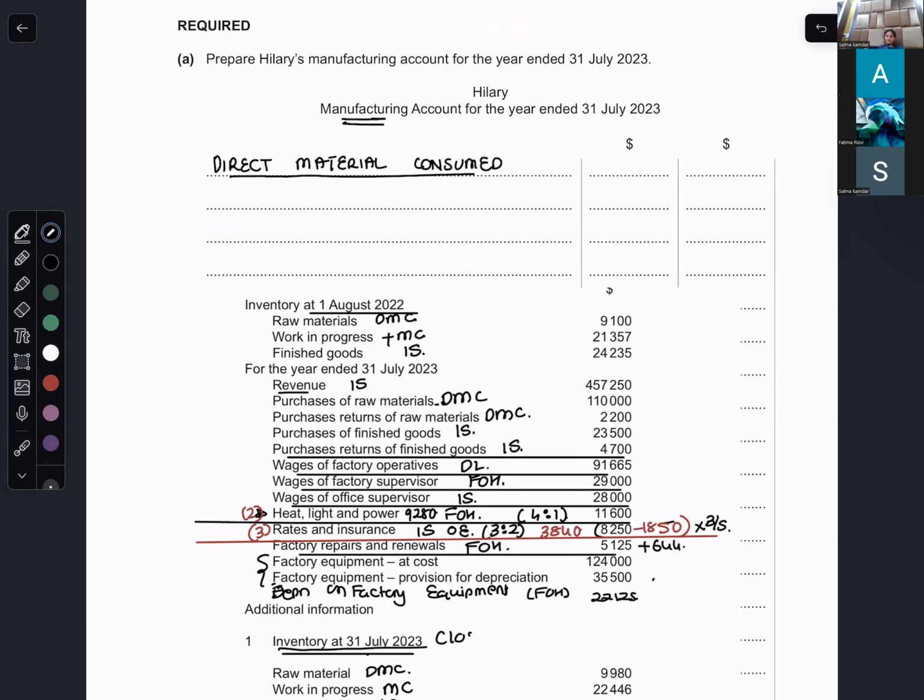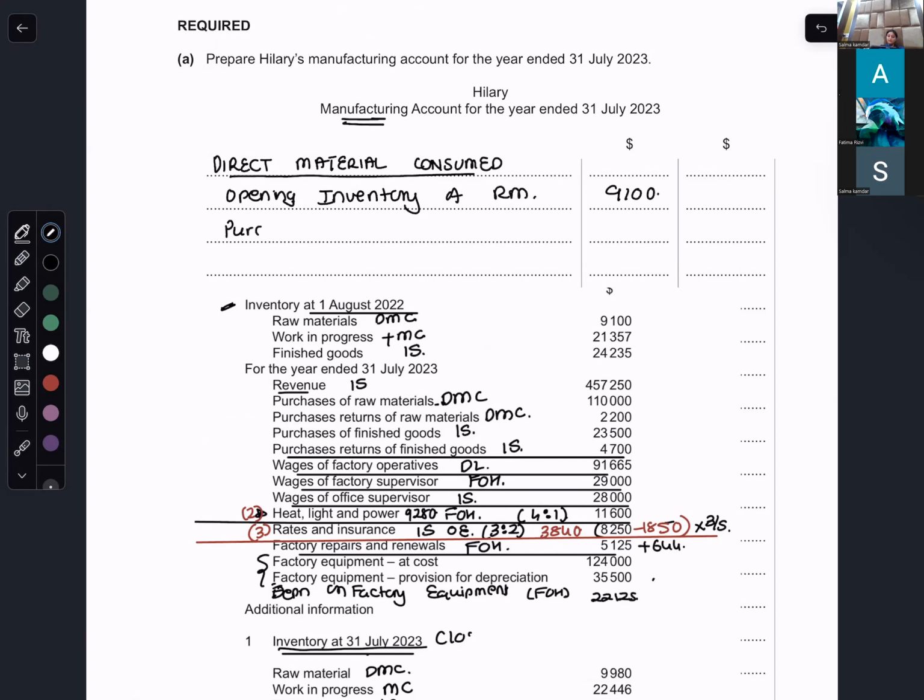Okay. First part, miss. Opening raw materials. We've been given opening inventory, right? How much is opening inventory of raw material? 9,100.